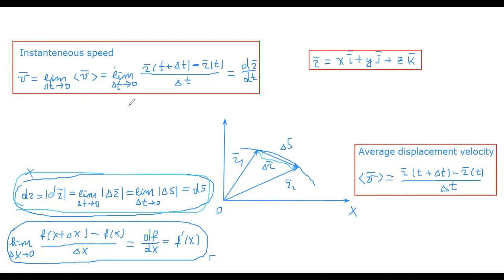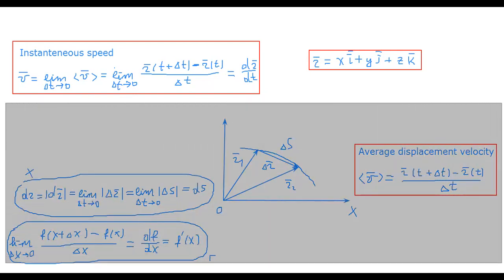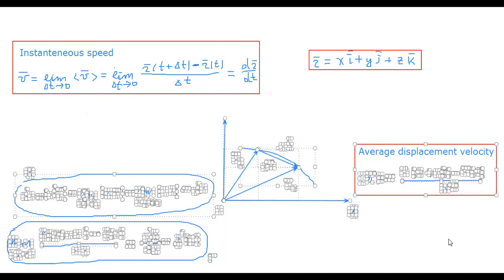So delta t, the time span, goes to 0. It is very small, and it allows us to consider speed at time moment t. Okay, and in the same way we can define acceleration.